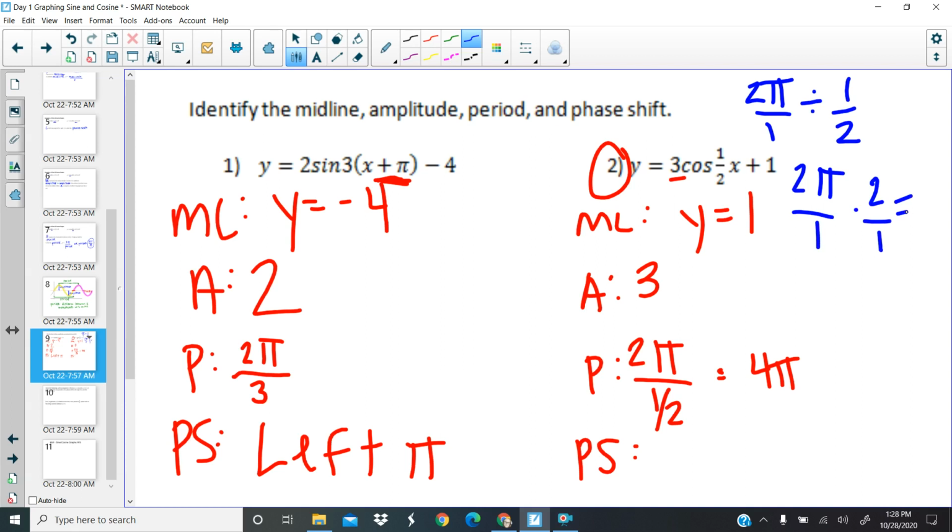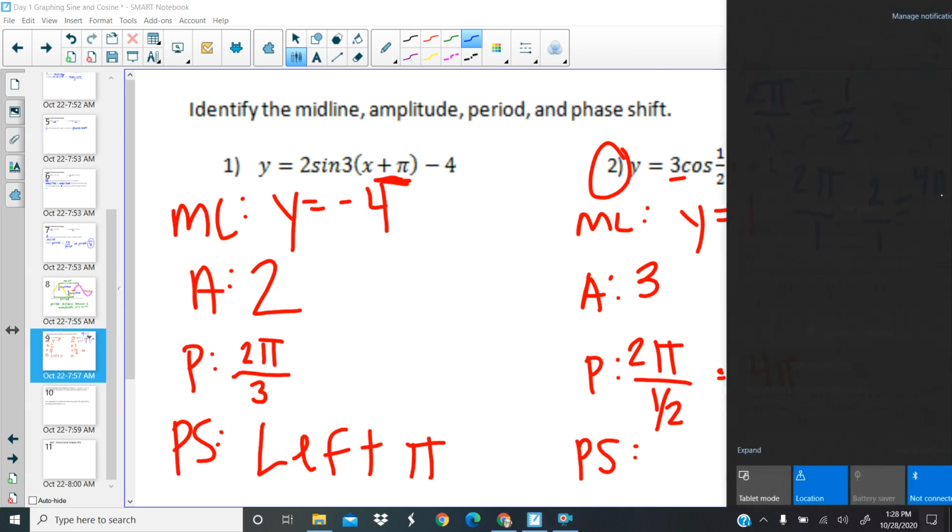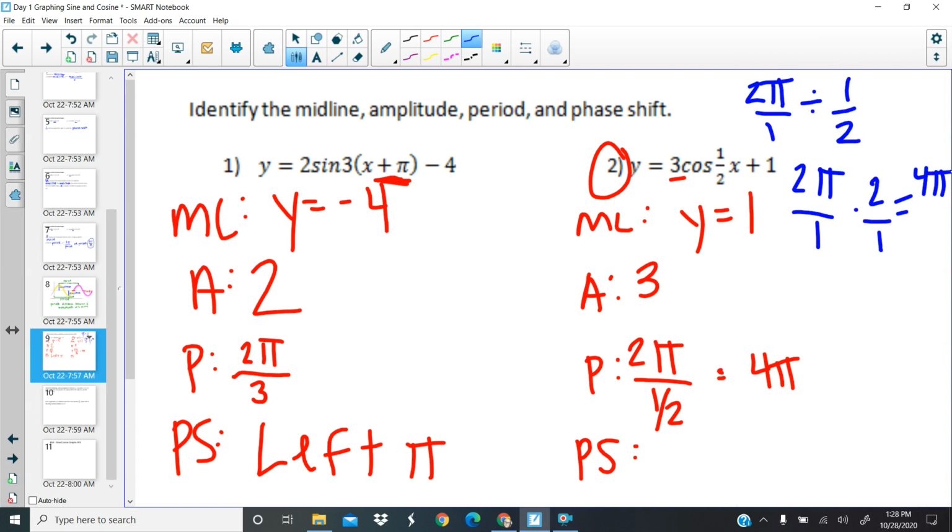Whenever you multiply all of that out, you end up with 4 pi over 1. And so the period is just going to be 4 pi. And then for the phase shift, we don't have anything being added or subtracted with the x, so there's not going to be one in this equation.